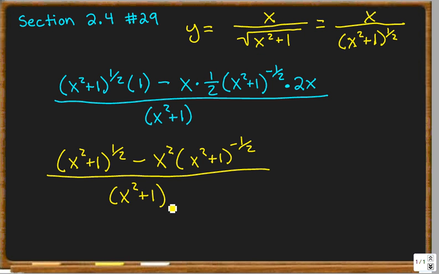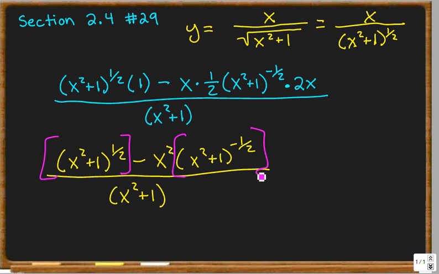Okay, so thus far I have these three values here, and what I want to do is factor the top of my function. When I factor the top of my function, it's going to make things a lot cleaner. What you need to be aware of here is that on both terms on top, you have x squared plus 1.